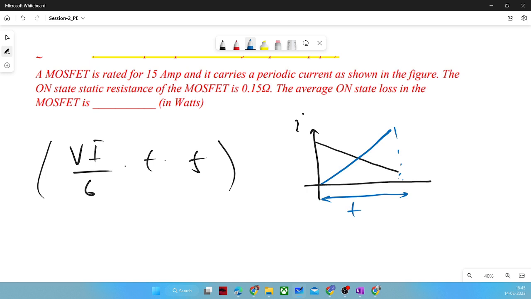Otherwise, no duty ratio you need to consider. It will be simply Vi by 6. So this is the most popular formula for switching losses.